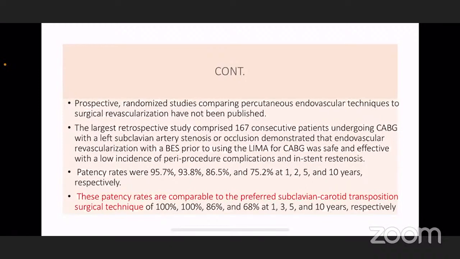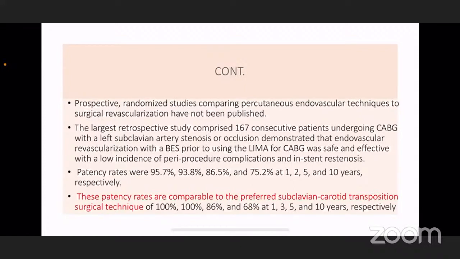It demonstrated that endovascular revascularization with a stent prior to using the LIMA for CABG was safe and effective, with a low incidence of peri-procedural complications and in-stent restenosis. Patency rates were 95%, 89%, 68%, and 75% at 1, 2, 5, and 10 years respectively in the endovascular arm.